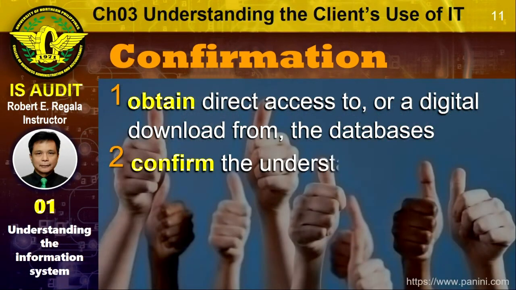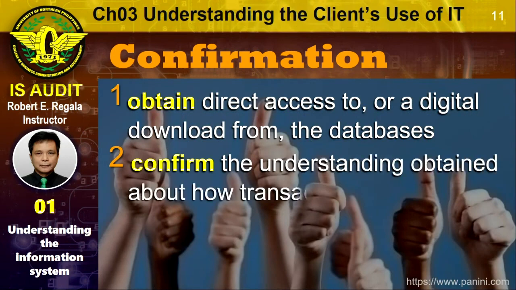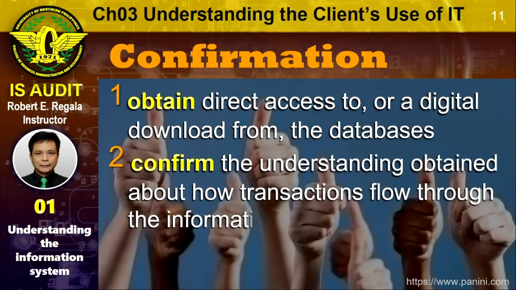By applying automated tools or techniques to this information, the auditor may confirm the understanding obtained about how transactions flow through the information system by tracing journal entries or other digital records related to a particular transaction, or an entire population of transactions, from initiation in the accounting records through to recording in the general ledger.